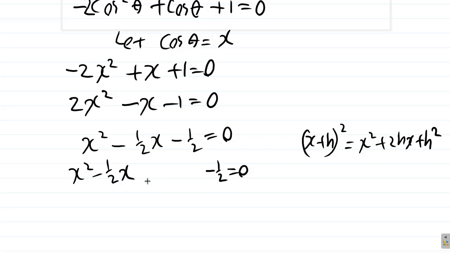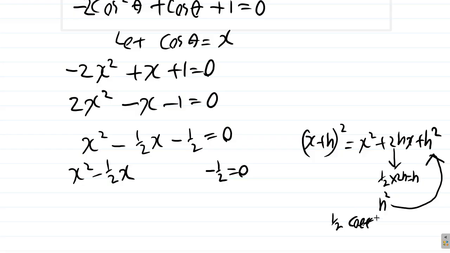What you're going to put right here is the same thing. The coefficient of x is 2h. Half of 2h is equal to h. h squared is this. So you put half the coefficient of x and you square everything, right?